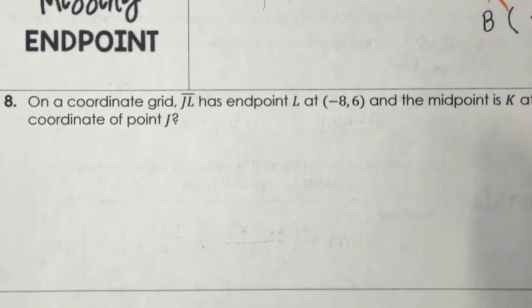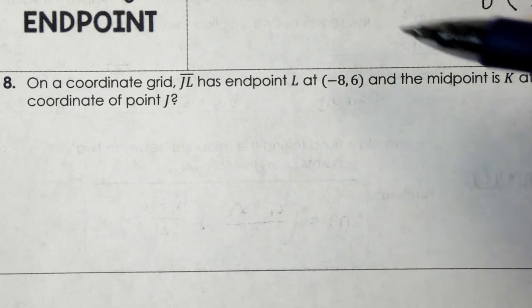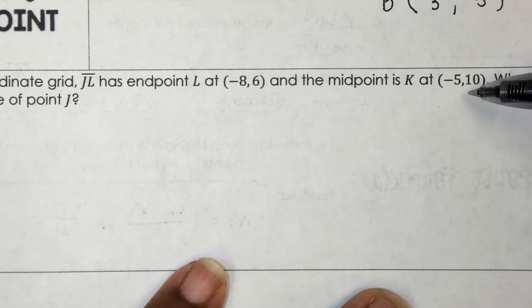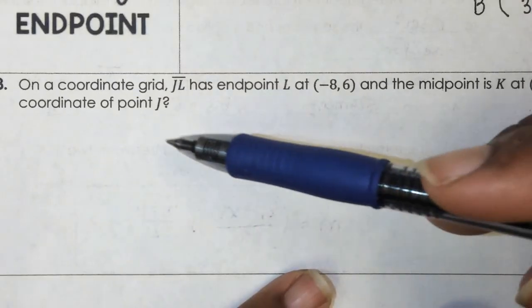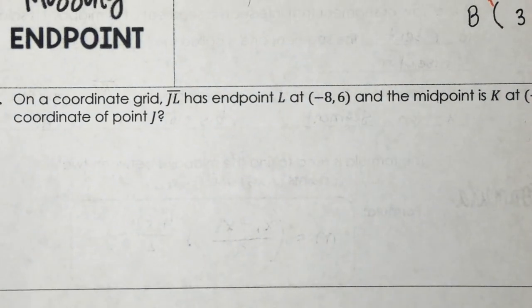Alright. So number 8, on the coordinate grid, JL has an endpoint of L at -8, 6, has a midpoint of K at -5, 10. What is the Y coordinate of J? So this one asks you a little bit more extensively, but it's still asking the same thing.